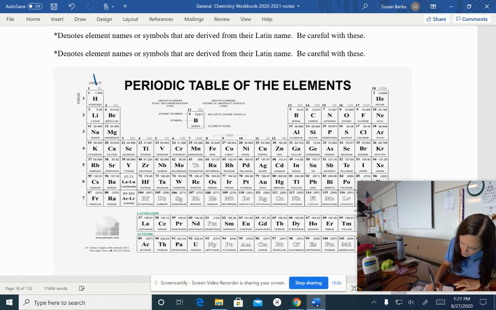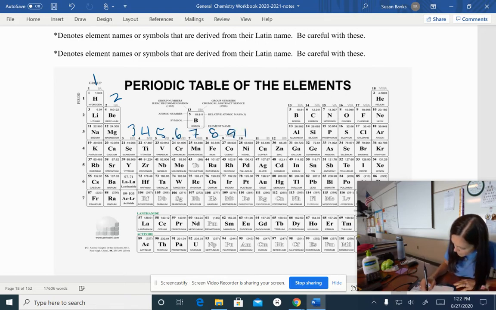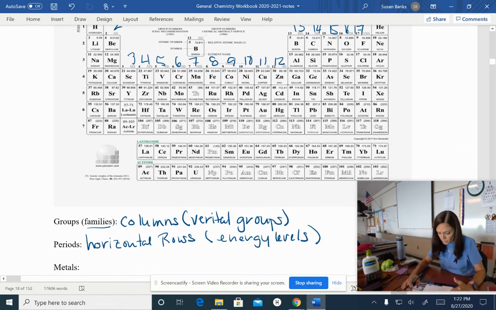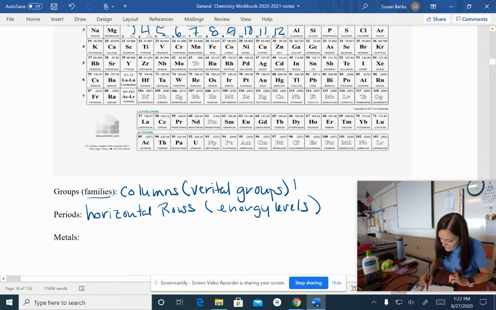So I have group 1, 2, 3, 4, 5, and so on. And I'm just going to keep numbering. So notice when we're all done, we end up with 18 groups or families. So there are 18 of these, okay?